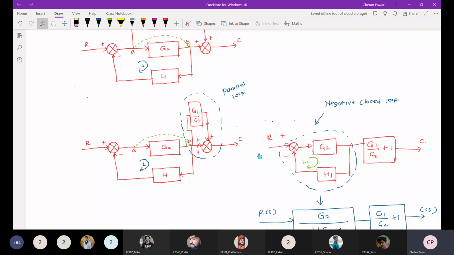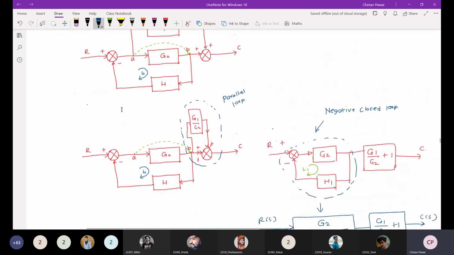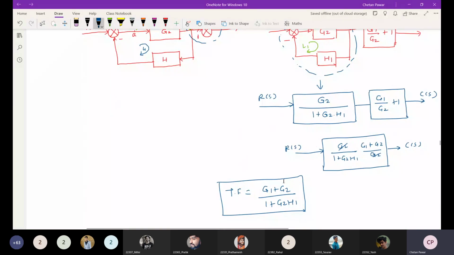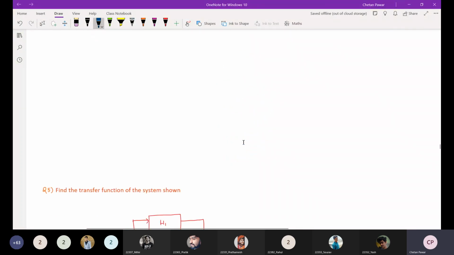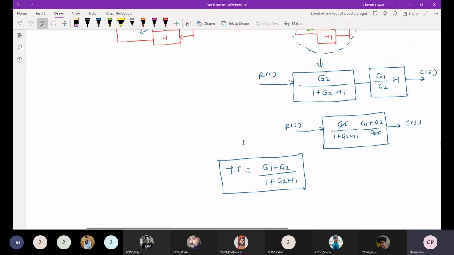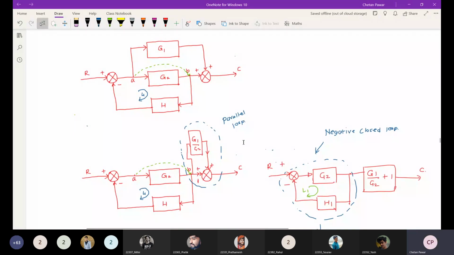After that, we reduced the closed loop and then the cascade combination of these two. In this way we applied the block diagram reduction technique to find the transfer function of this block diagram. Any doubt in this? If anyone has any doubt, they can ask. Otherwise, we can proceed.